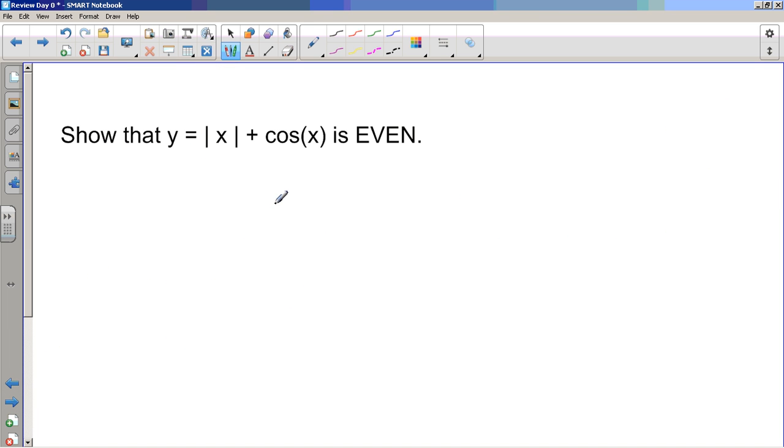Next one, show that this function is even. And if I write it, I kind of like it like this better, because then I can think of, well, how do I show it's even? And I could do it by graphing, but that's not very precise, right? So what I need to show is that f at x is equal to f at negative x.